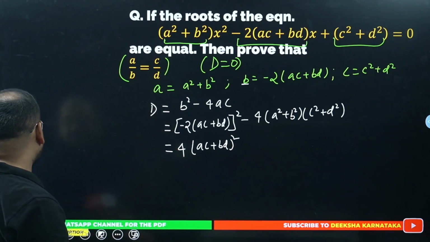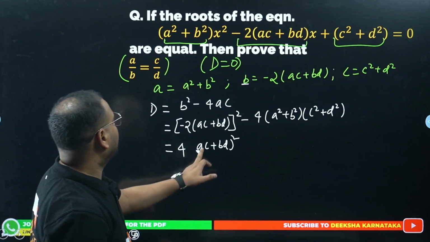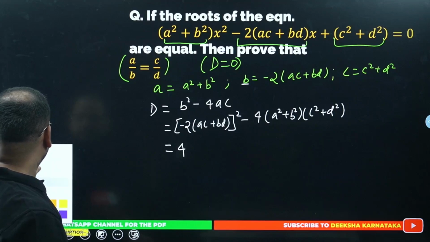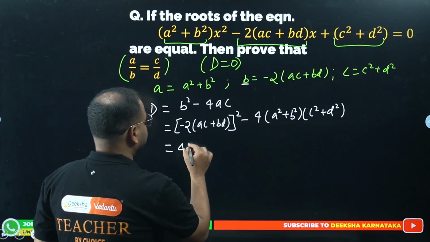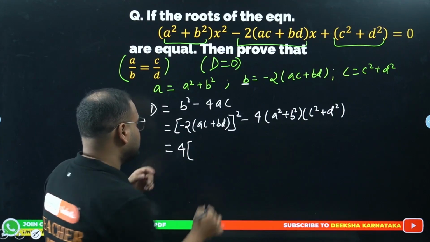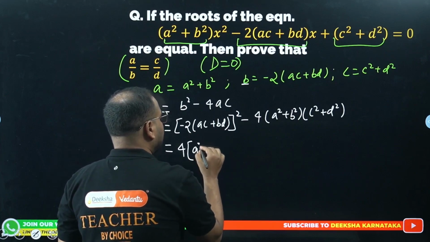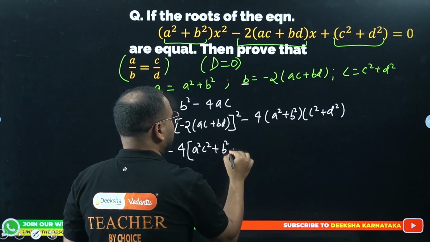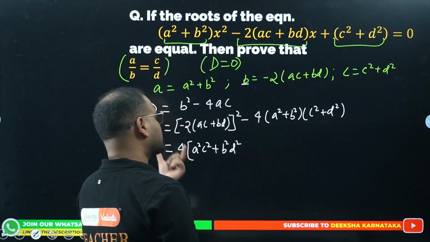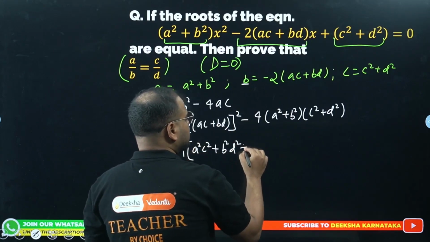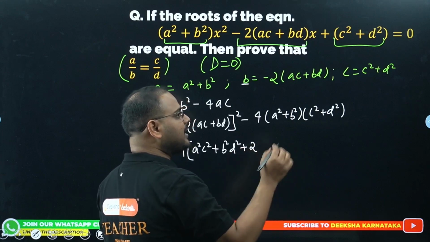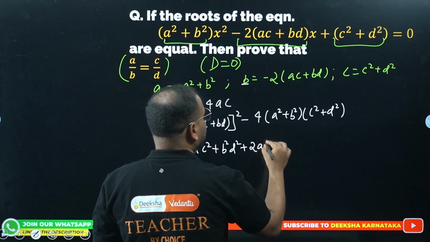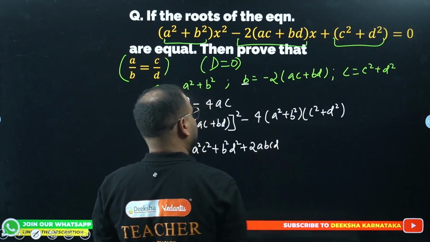What can I write in place of that? I can write here the square of ac, which is a square c square, plus the square of bd, which is b square d square, plus 2 times ac times bd, which means 2abcd.